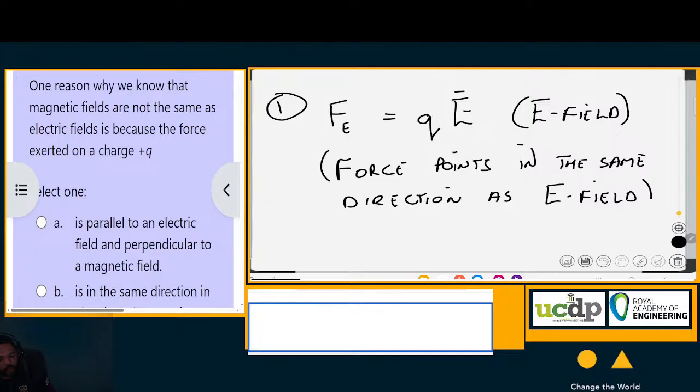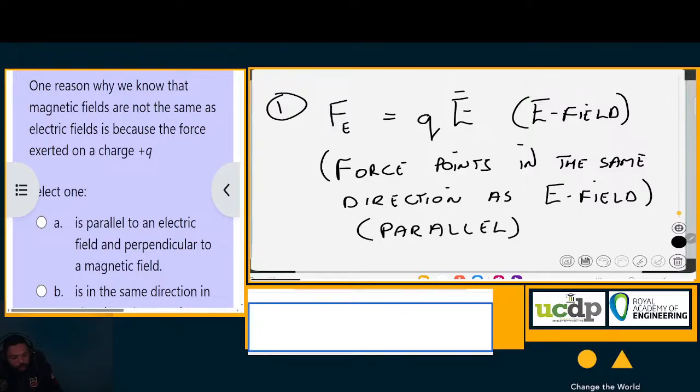So the electric force on a positive charge points in the same direction as the electric field vector. In other words, the electric force is parallel to the electric field.